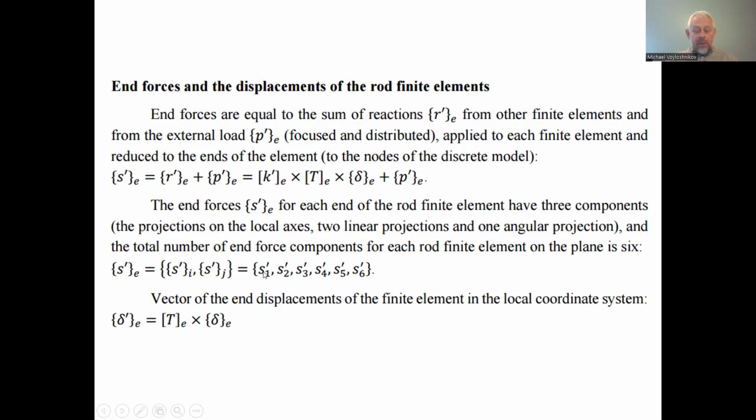The abscissa axis coincides with the axis of the finite element, so the reference point of the abscissa axis coincides with the beginning of the finite element, and the abscissa axis passes through the other end of the finite element. And the second is the force applied to the end of the finite element in the direction of the ordinate axis, the component of the end force applied to the beginning of the finite element.